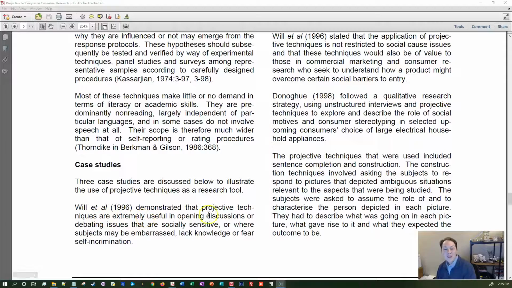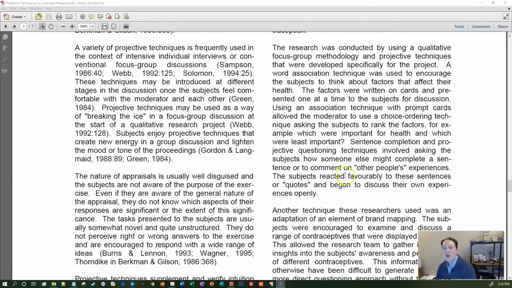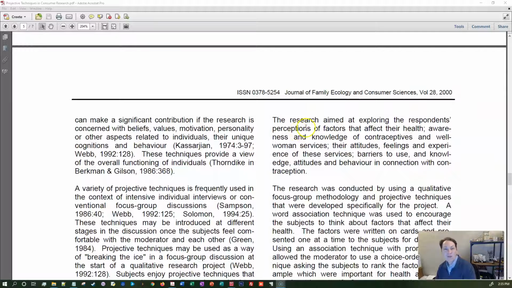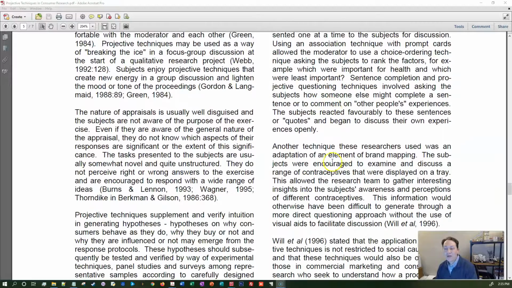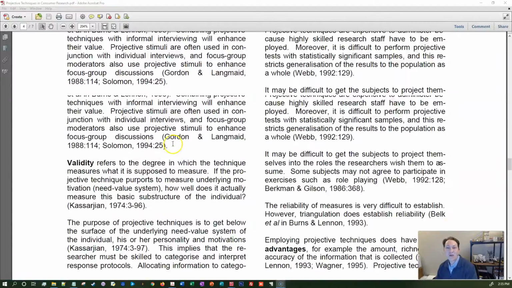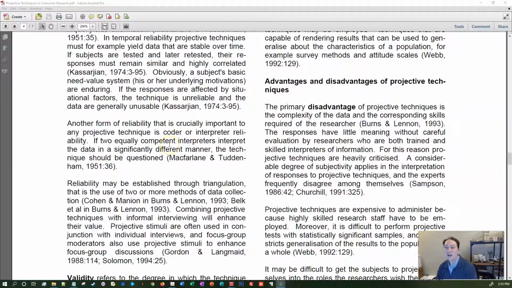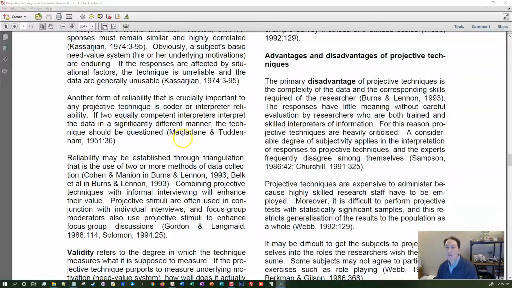So read these case studies and try to understand how projectives were used in specific concrete situations and what the researchers did. Once you have read through this, and then go back and read the pages that precede it, these projective techniques will make a lot more sense to you.